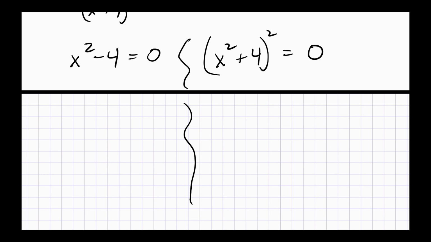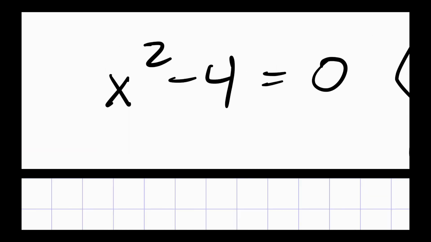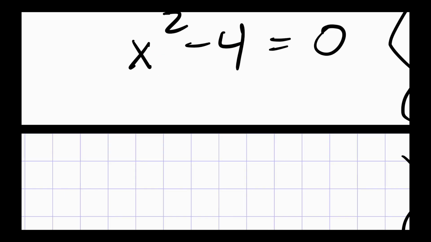There's a reason these numbers are up here. I'm going to have 2 answers, definitely. It's a difference of squares. If you didn't know that, it's not a big deal on this problem, because you can just add 4 to both sides and then take the square root. But difference of squares helps because you're going to get 2 answers.